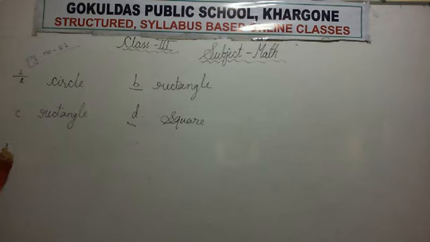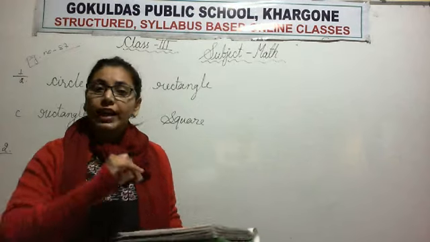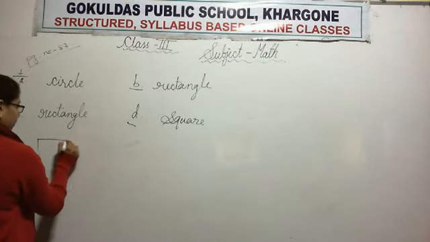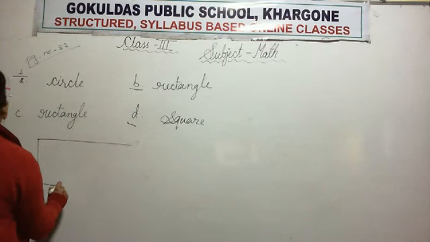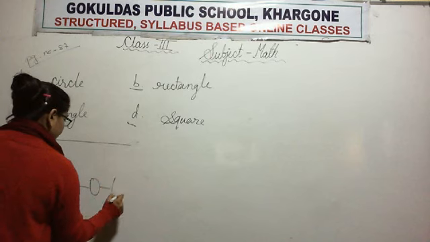Now question number 2. Question number 2 is count and color the shapes. So first of all, let me draw some bigger kind of thing is given.